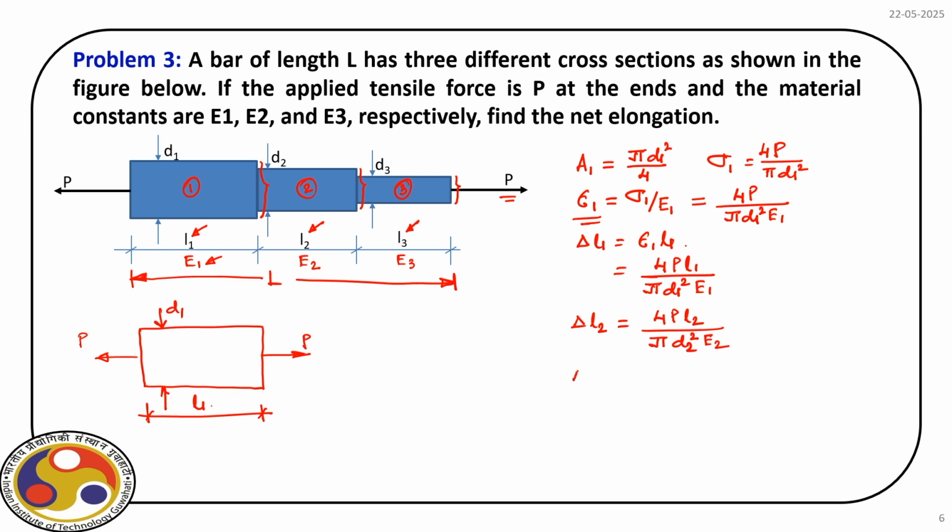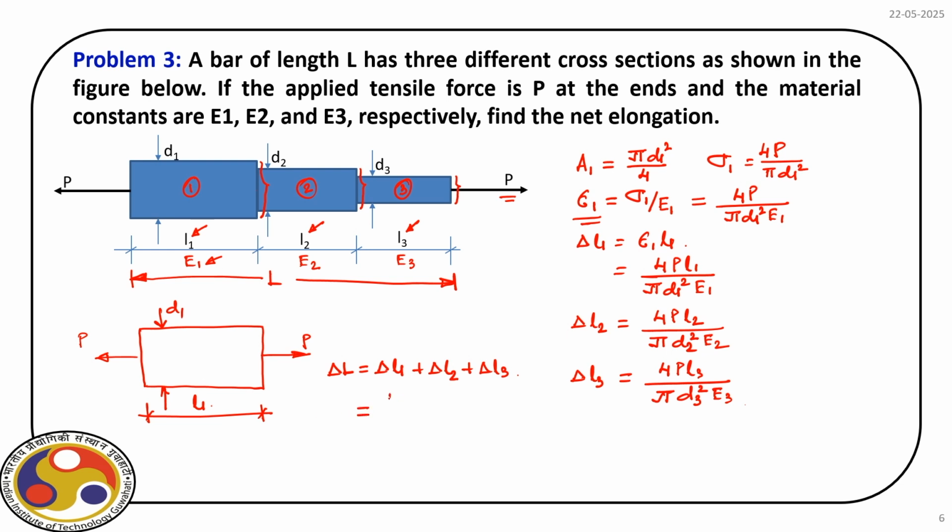And for the last segment, delta L3 is going to be 4 P L3 divided by pi D3 square E3. So, what is the net elongation? Delta is equal to delta L1 plus delta L2 plus delta L3.